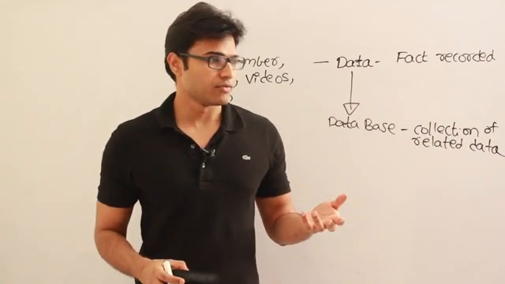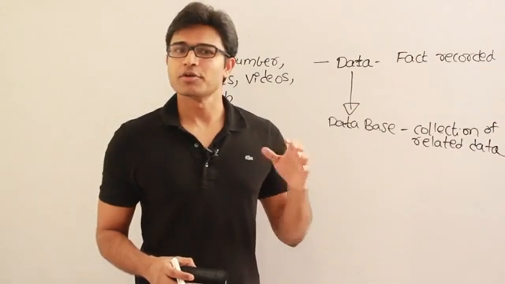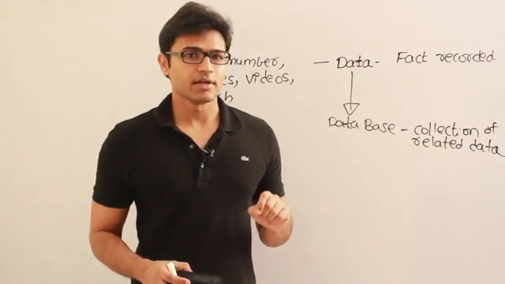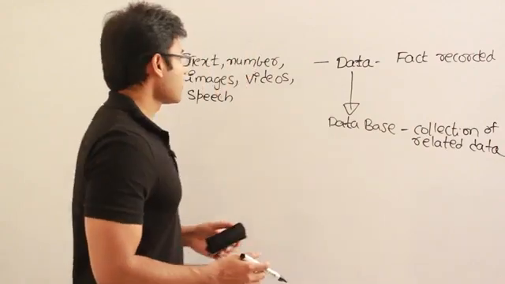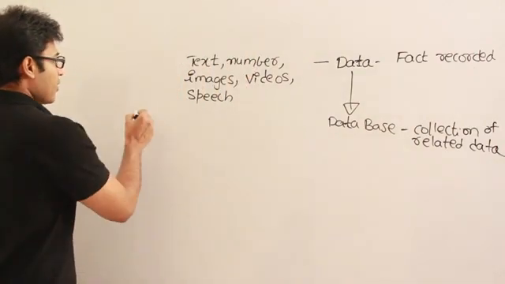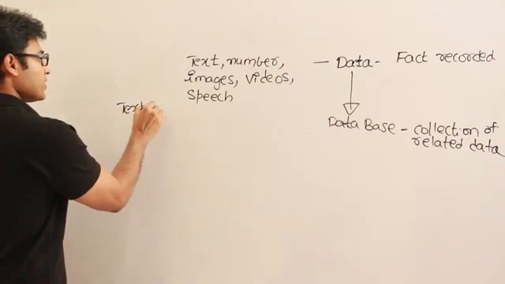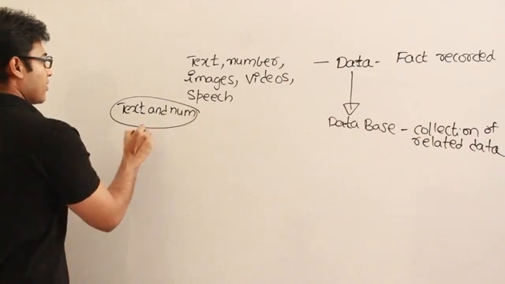Or if you want to reserve a ticket online, again text and numbers are going to be used. Traditionally it has been numbers and text. So there are various types of databases. One type of database will contain only text and numbers, and it is also called a traditional database.